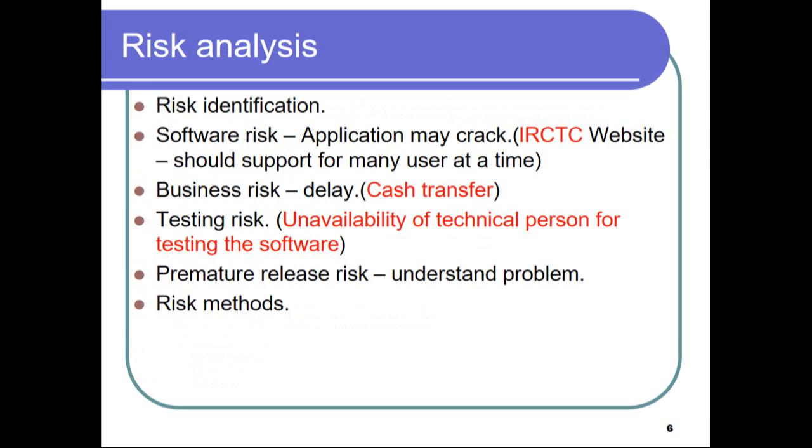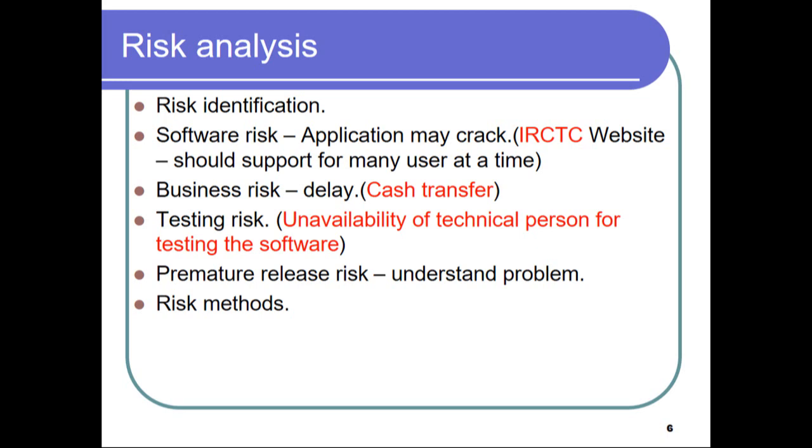So risk analysis is that risk identification. So software risk, what are the software risk? So applications may crack. Example is that IRCTC, that is a train, Indian railway system. So their website should support many users at a time. For example, only 10 users is supporting, 100 users is supporting.